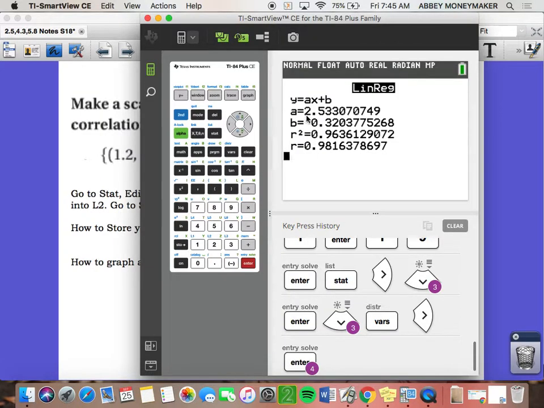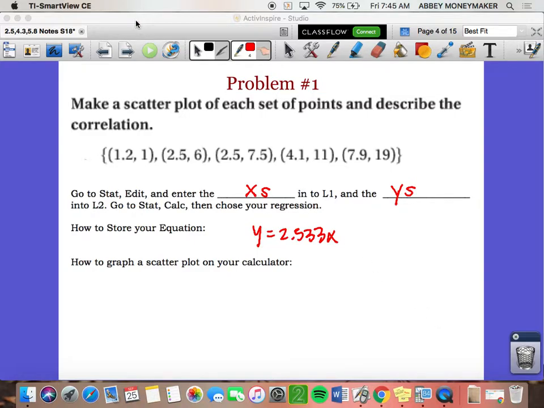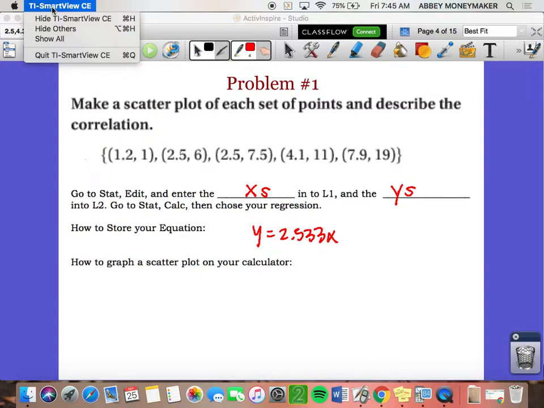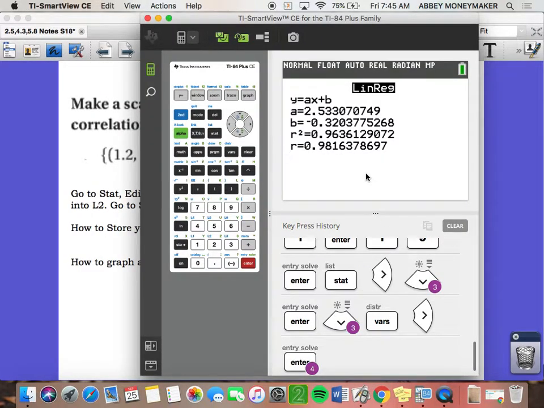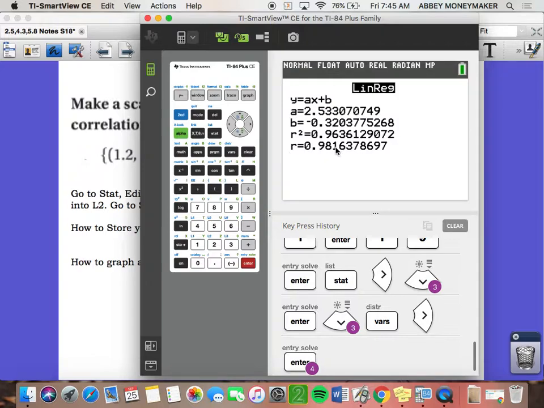So we would have, we're going to have to write this down, Y equals 2.533x, and then negative 0.32. Okay.